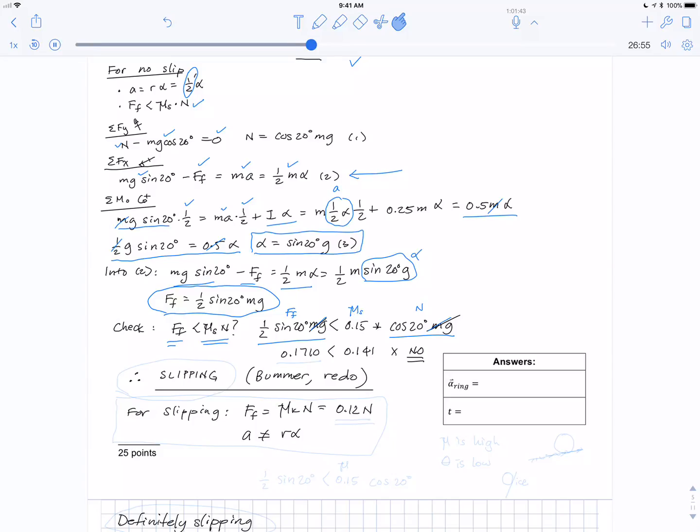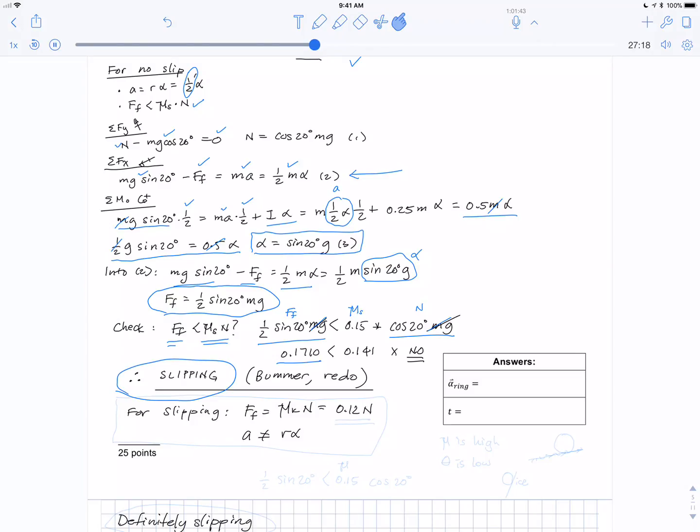So 1/2 sine 20 degrees is 1.710, and 0.15 cosine 20 degrees is 0.141. It is not less, so no, it is not rolling without slipping. It is slipping.